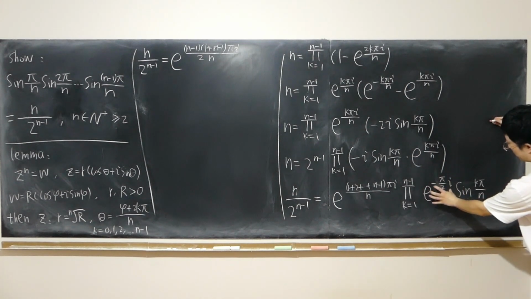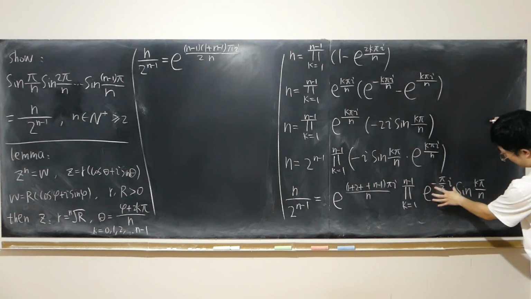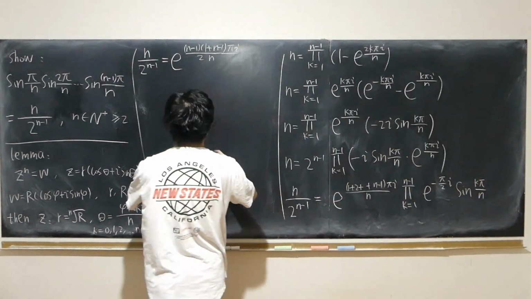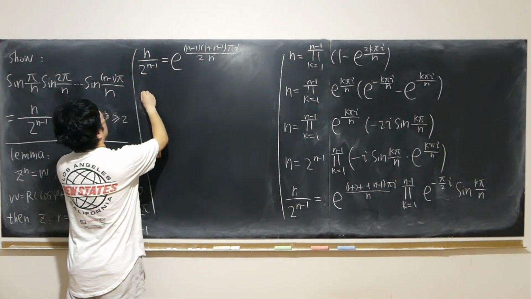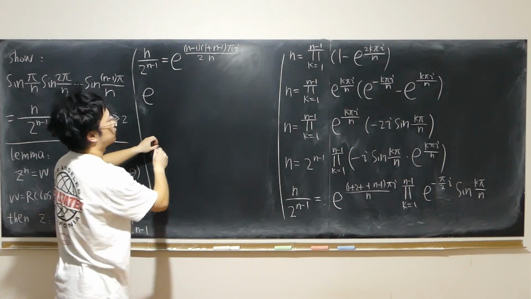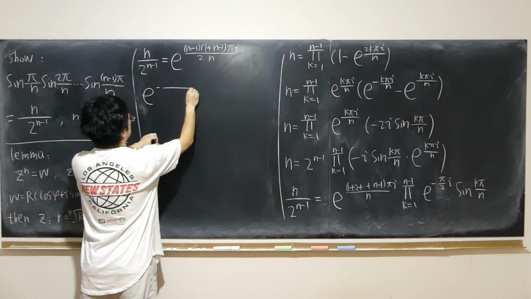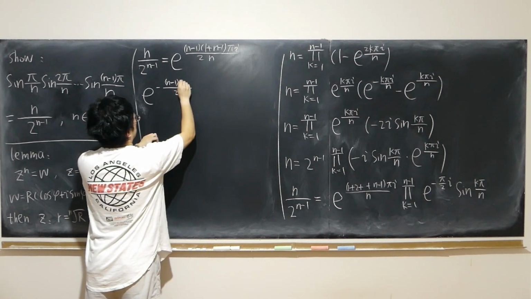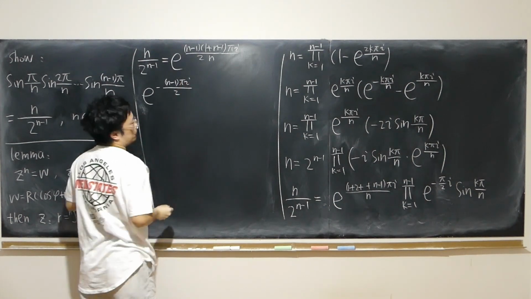right, has nothing to do with k, but still I'm going to have to multiply it n minus 1 many times, right? So that becomes e raised to the power of n minus 1, that is negative half of n minus 1 times pi i.